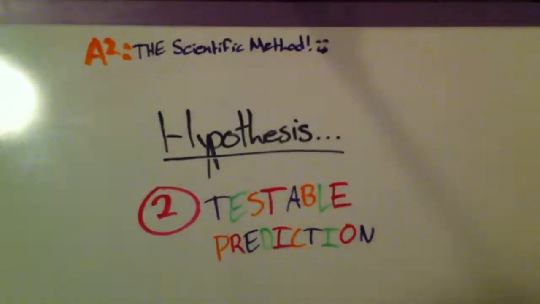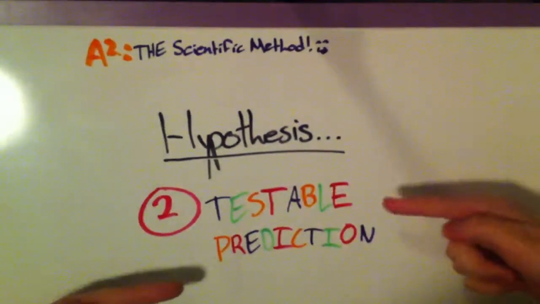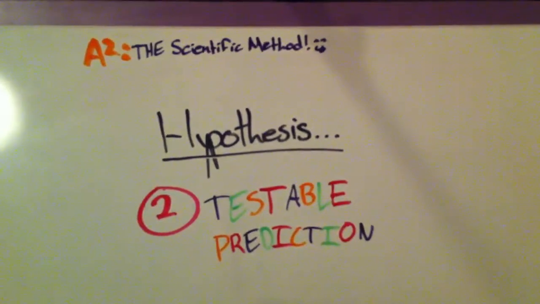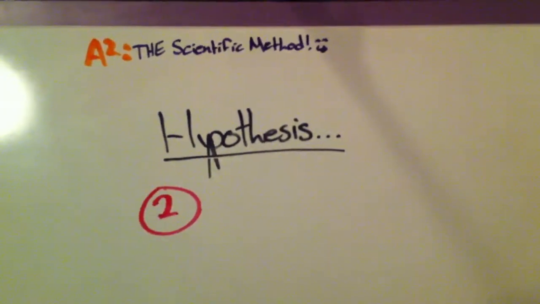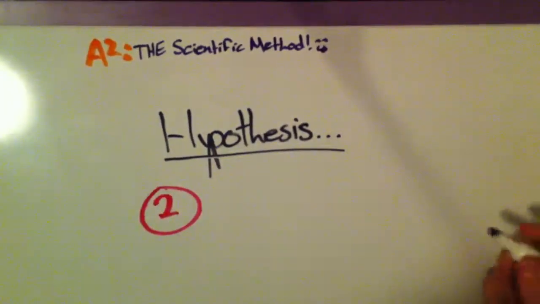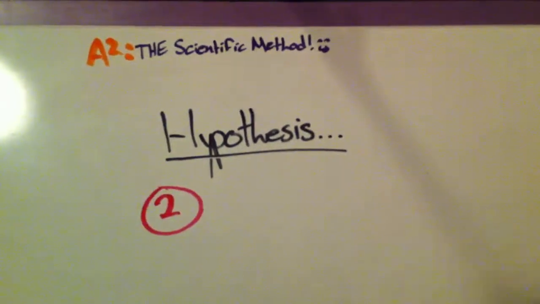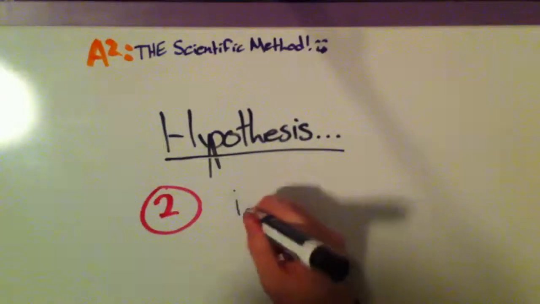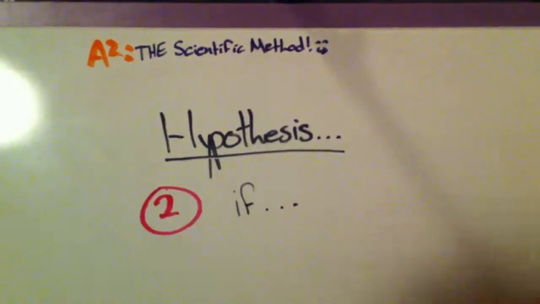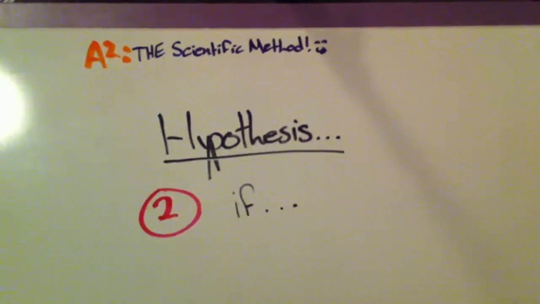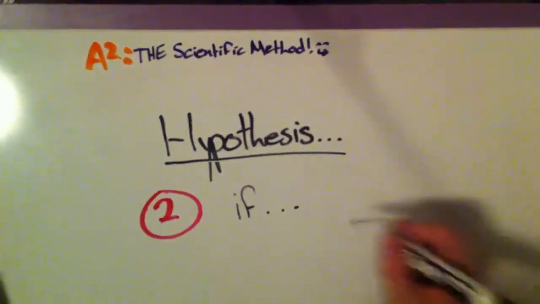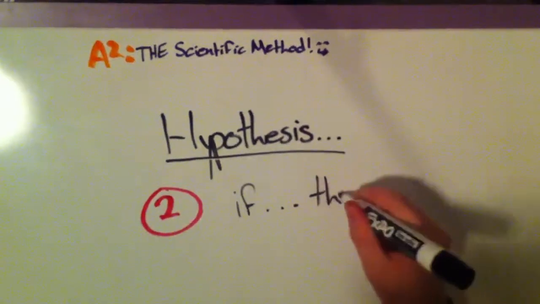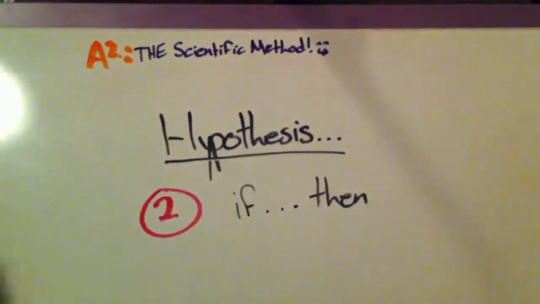The next step in a hypothesis is you need to come up with a testable prediction. This is basically how you write your hypothesis. A very simple way to remember it is: if what you think is going to happen, then what you believe will happen.